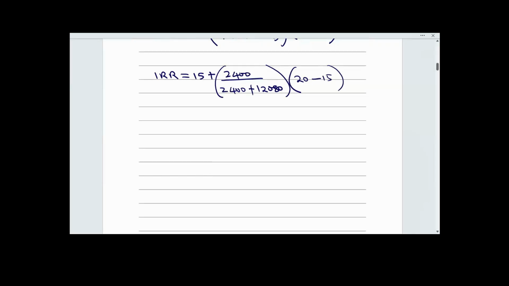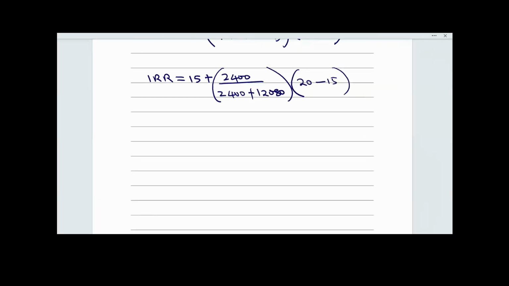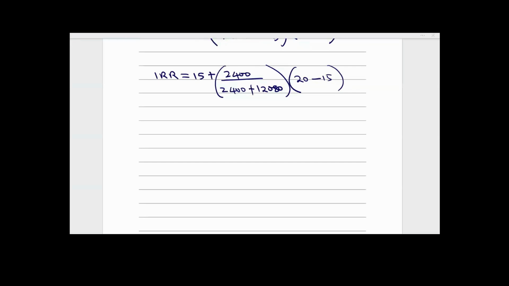From your calculator, you start from the denominator. 2,400 plus 12,080 equals 14,480. You then say 2,400 divided by 14,480.